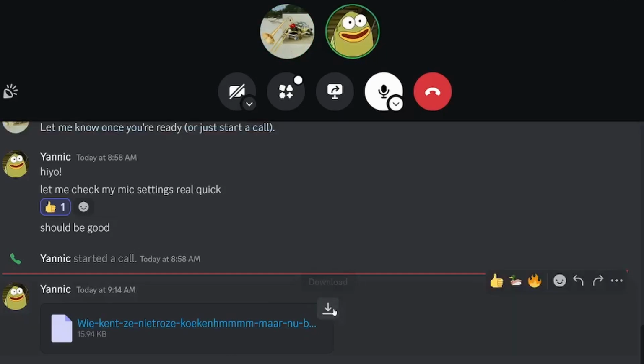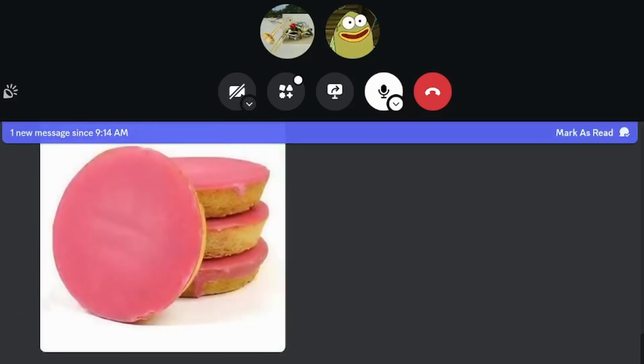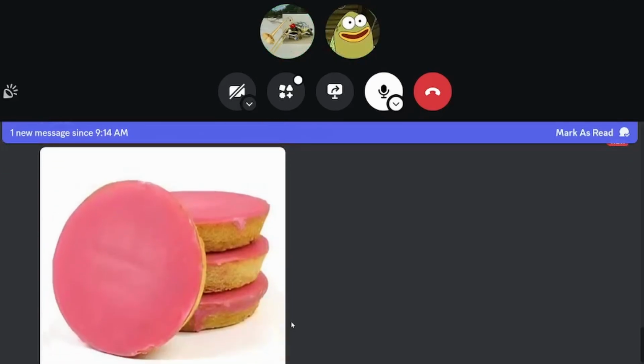The guy who came up with WebP images, I don't get it. Here, there we go. That's a roze koek. And they are so good. That does look quite good.